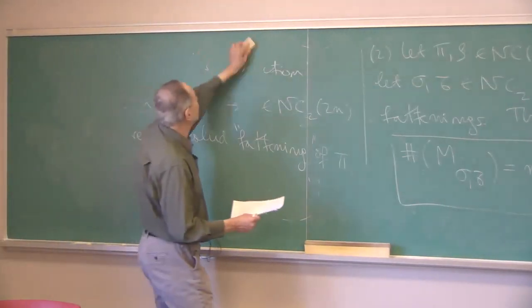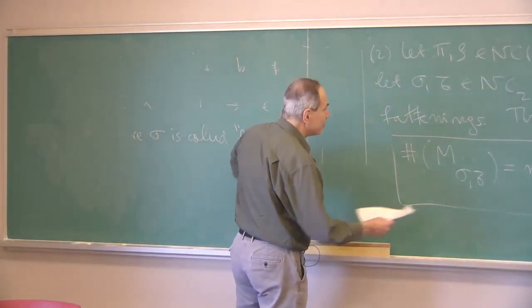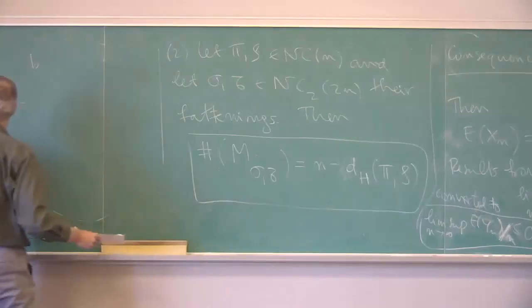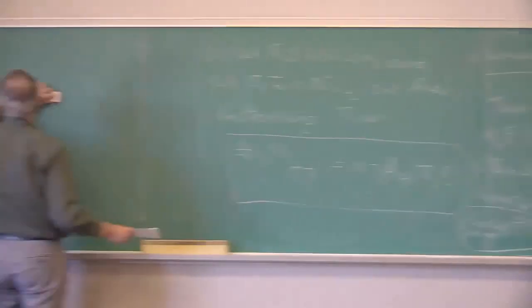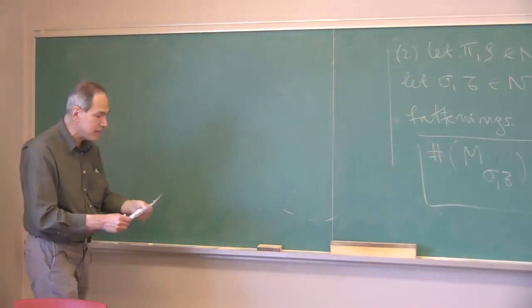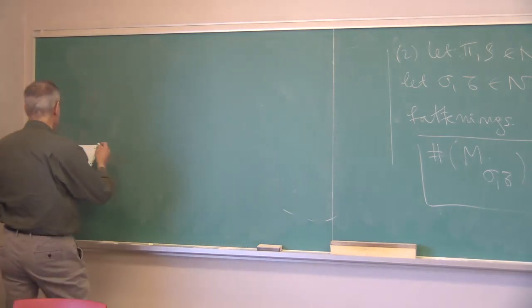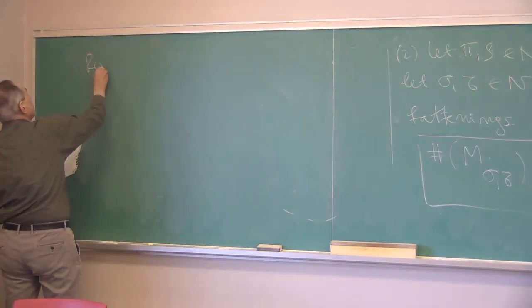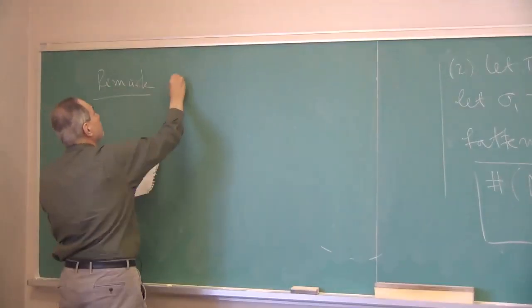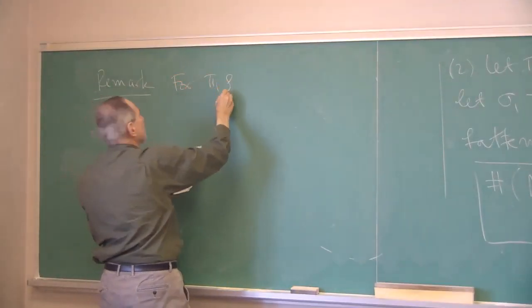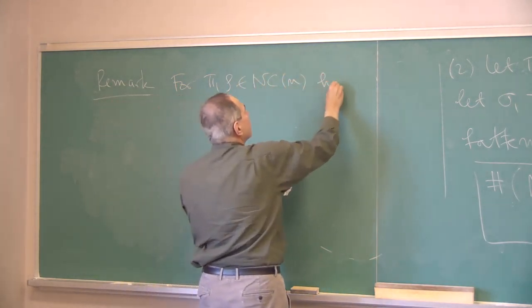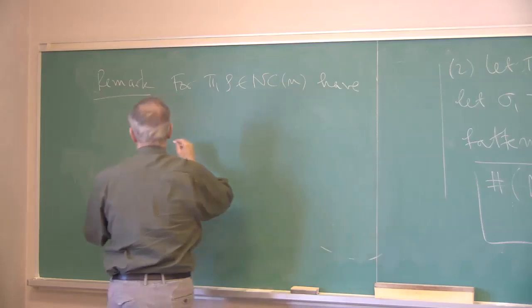So I'll follow this one which I boxed, that lim sup. Here is actually why we get a real limit, but for something else. So let's make this observation, which is actually exactly Jamie's question. So pi, rho in NC(n).